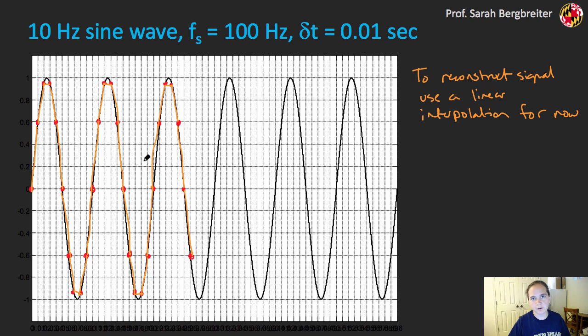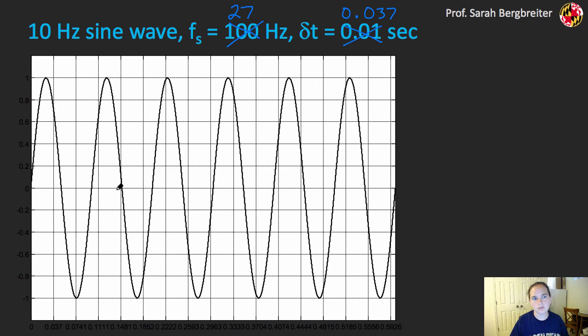Even if my lines aren't very straight here, and we could certainly do a better job than a basic linear interpolation, I hope you'll agree that this orange signal, my reconstructed signal, looks pretty close to the original signal. So this is a pretty good representation of the original signal from that sampled signal, the red dots there.